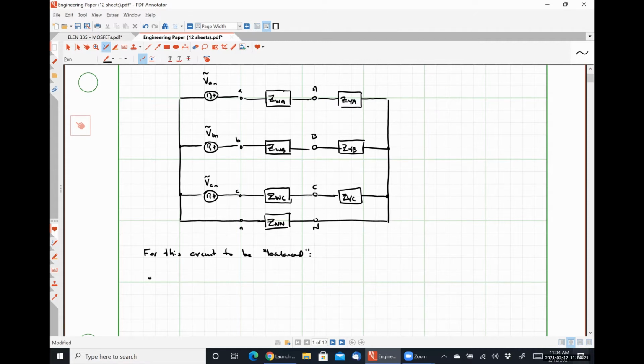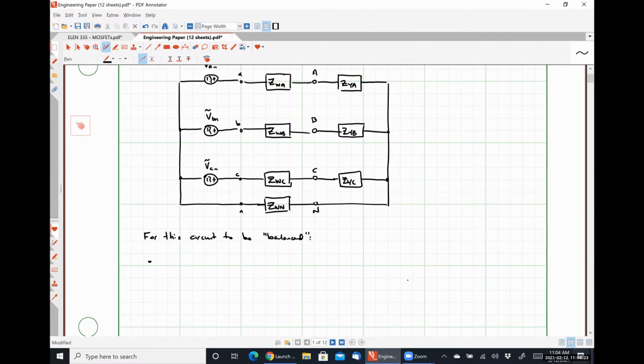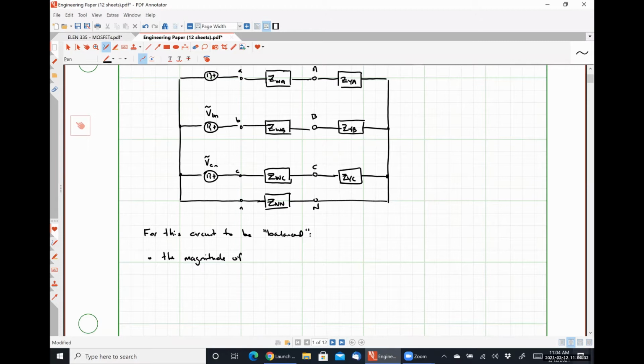So for this circuit to be considered balanced, we need the magnitude of the phase voltages at the source to be equal.